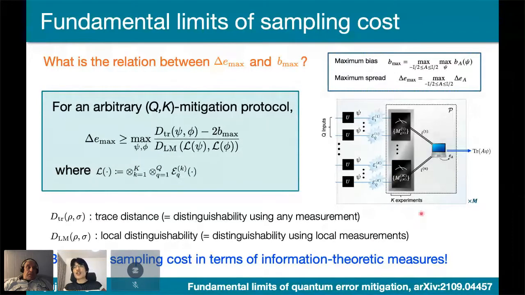My local subsystem here is each experiment. I take each quantum system as a local subsystem, and that is why I have the large number K of subsystems. This local distinguishability measure is defined with respect to such partitions.